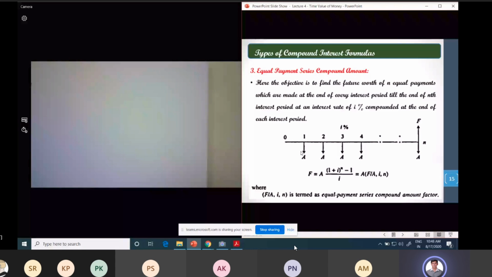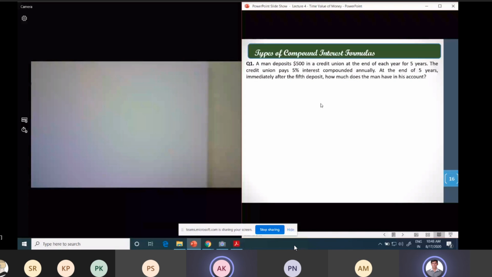So in such cases, the present value of the deposit you will get 1 year before the deposit starts.